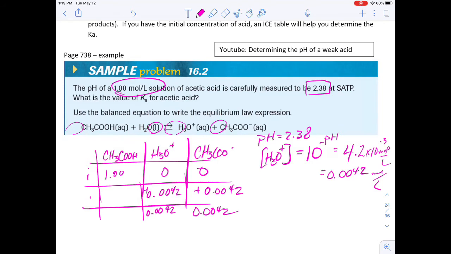The change for the acid, we're going to subtract now because we're using that amount of acid up, is minus 0.0042 mole per liter times 1 over 1, so it's minus 0.0042 mole per liter. If I take 1 minus that, I'm going to get 0.99583.